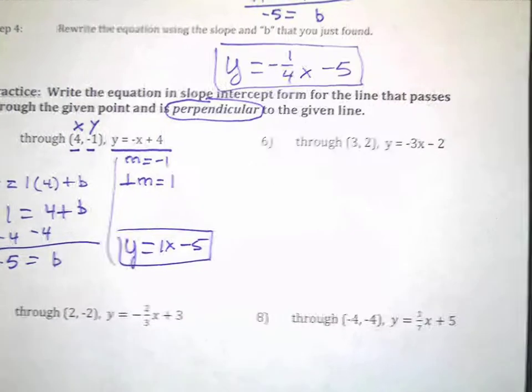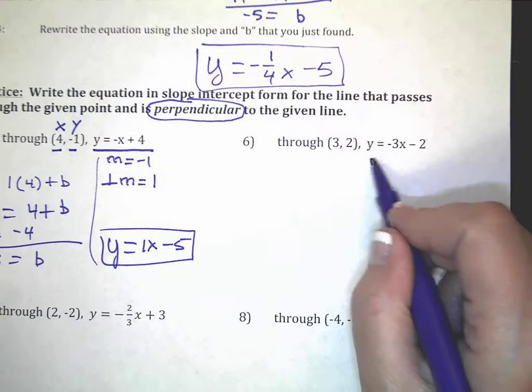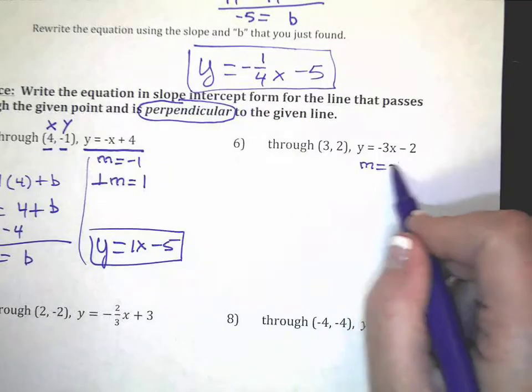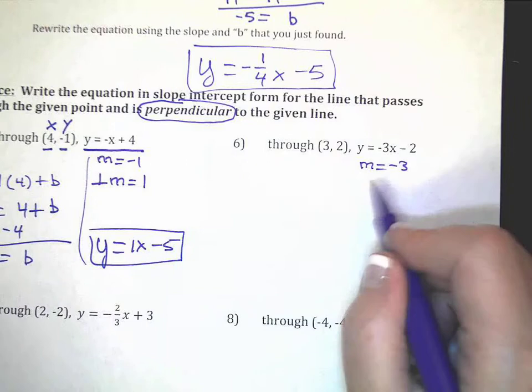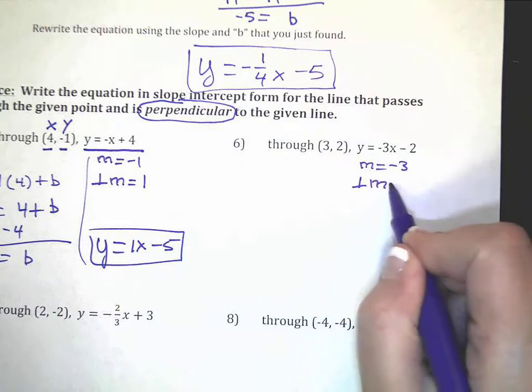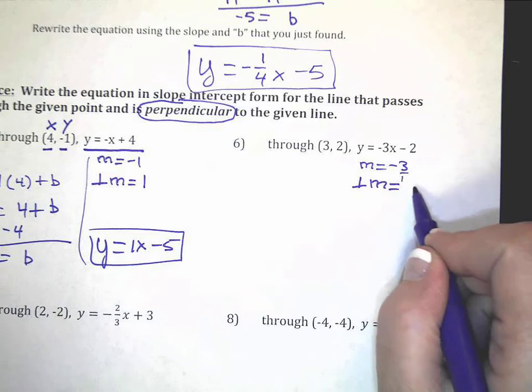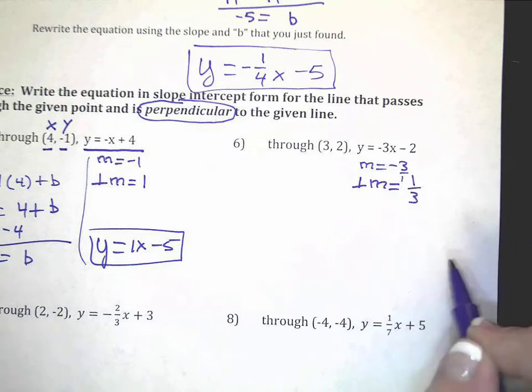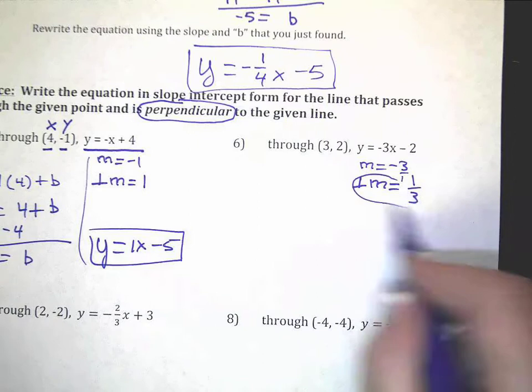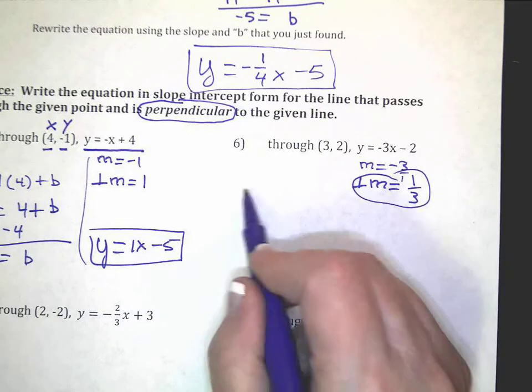Okay, go over to number 6. The slope of this given line is negative 3, but we want the perpendicular slope, which would be a positive 3 over 1. When you take the reciprocal of that, it would be positive 1/3. So we're going to use positive 1/3 for our slope.